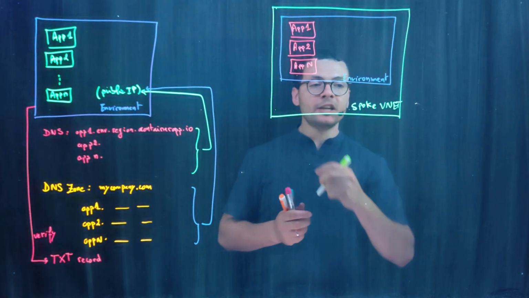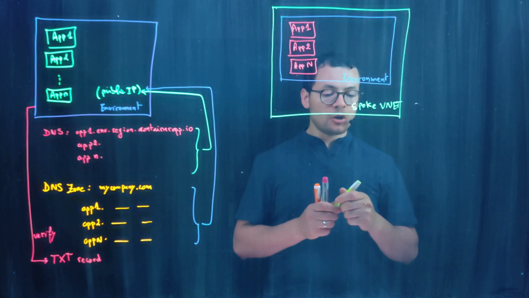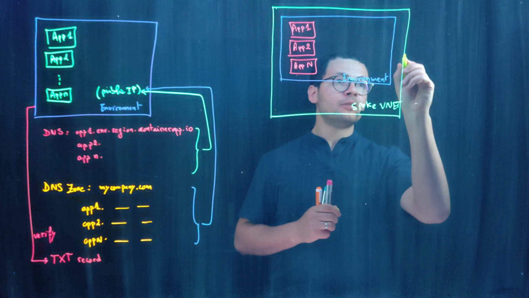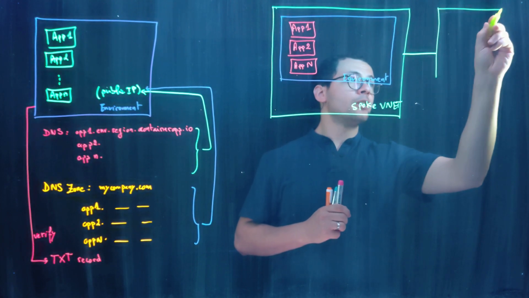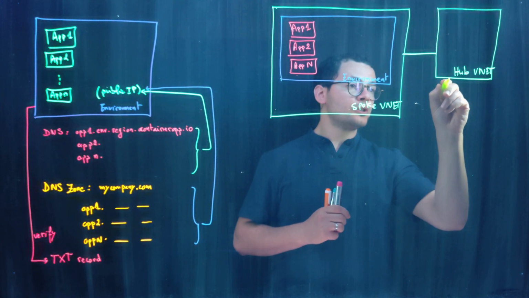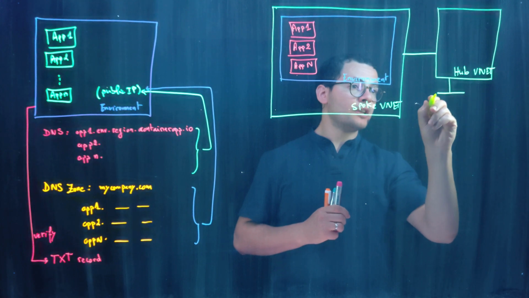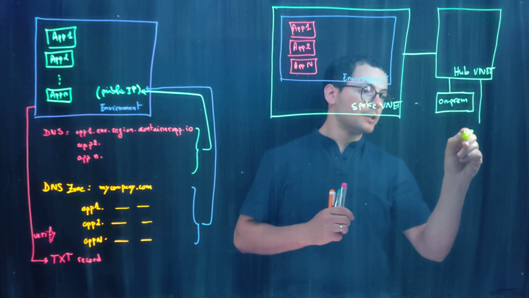Now we want these applications to be consumed either from within the virtual network or from within other peered virtual networks like the hub, for example. So we might have here another network that is the hub VNet, and we might also have other networks connected to that hub like on-premise networks or other spokes right here.